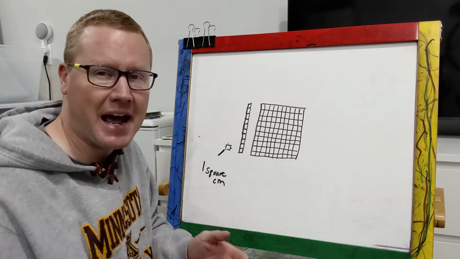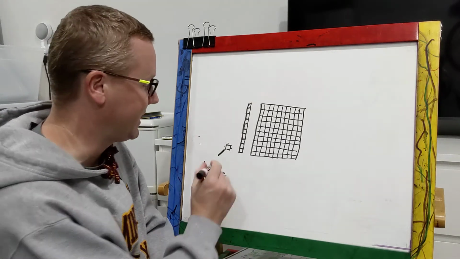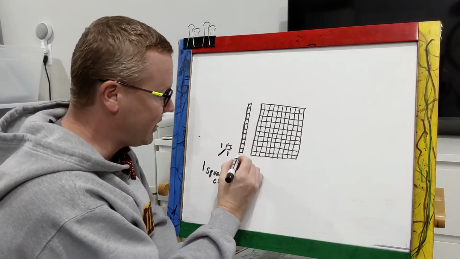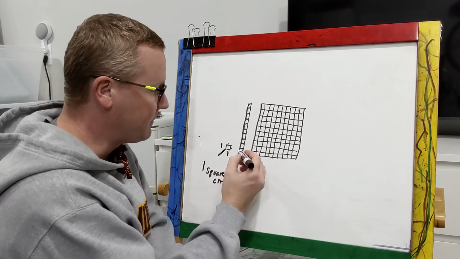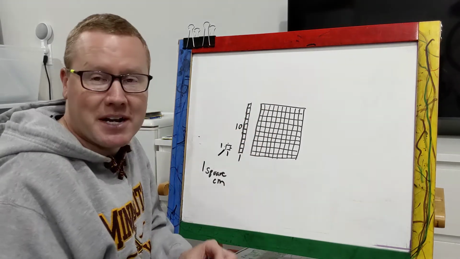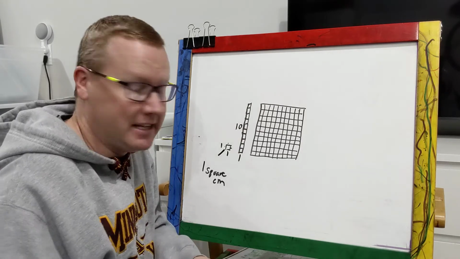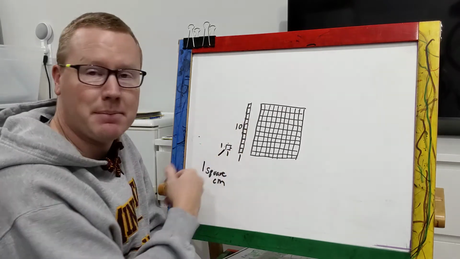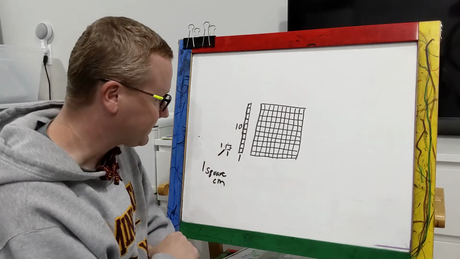Remember that factor and dimension are the same thing. So here I have 1 and 1 on my unit. On my strip, you can clearly see 1, and then I have 10 going up. So when I say I went up by a factor of 10, it just means my dimension changed from 1 to 10. I went up 10 times as big.